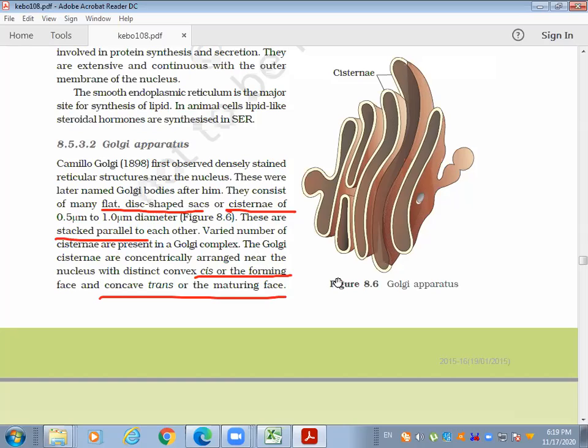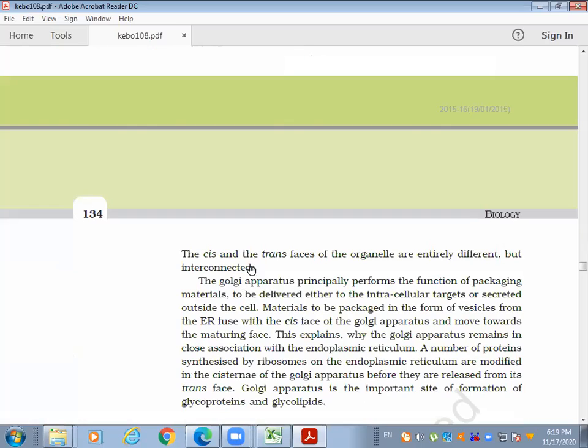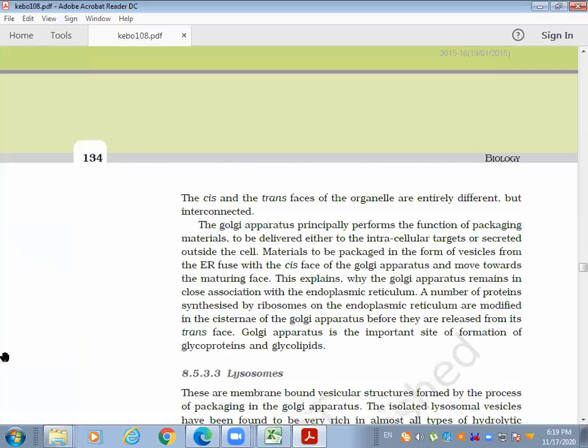There are two phases: the cis phase, or forming phase, and the trans phase, or maturing phase. The cis and trans phases of the organelle are entirely different but interconnected.